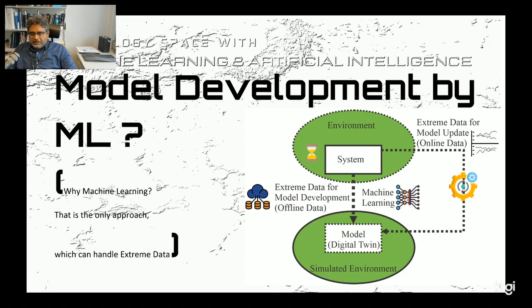So let's try to answer the question of how to develop such digital twin models. The answer would be machine learning. Here I am specifically referring to deep learning frameworks, including various types of neural networks. If you ask why it is only machine learning, the answer is that it's the only approach that can handle extreme data sets.